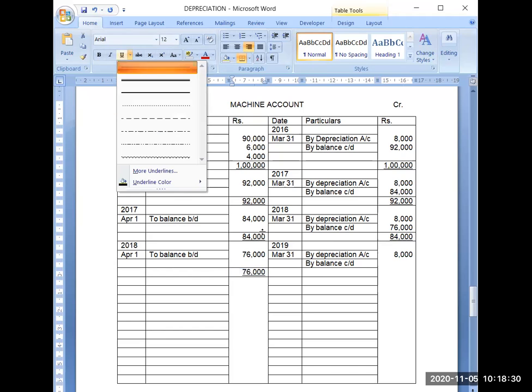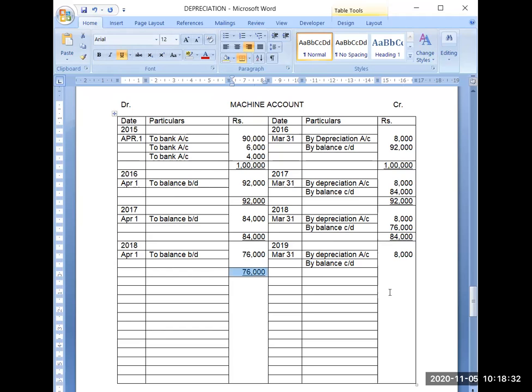Always underline the totals. Now 76,000 minus 8,000 will be 68,000. So the balance in your machinery account will be 68,000. So now in this way 4 years are completed.